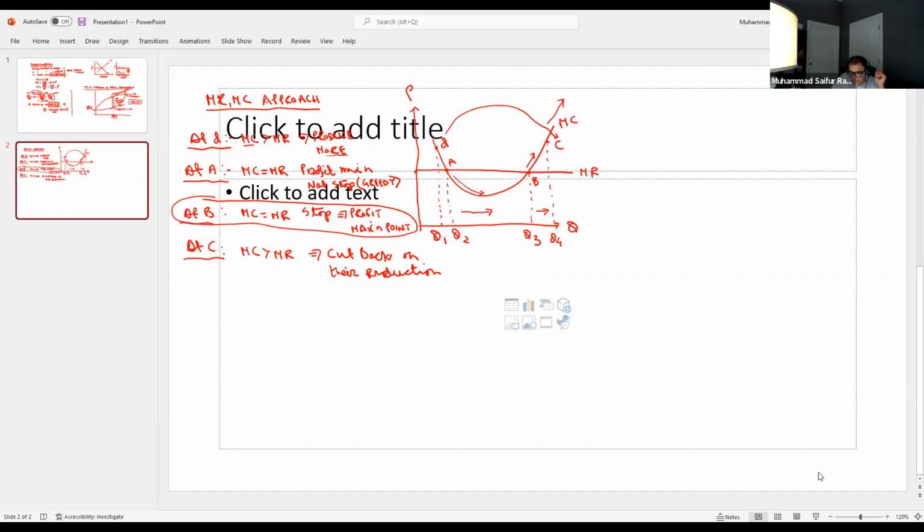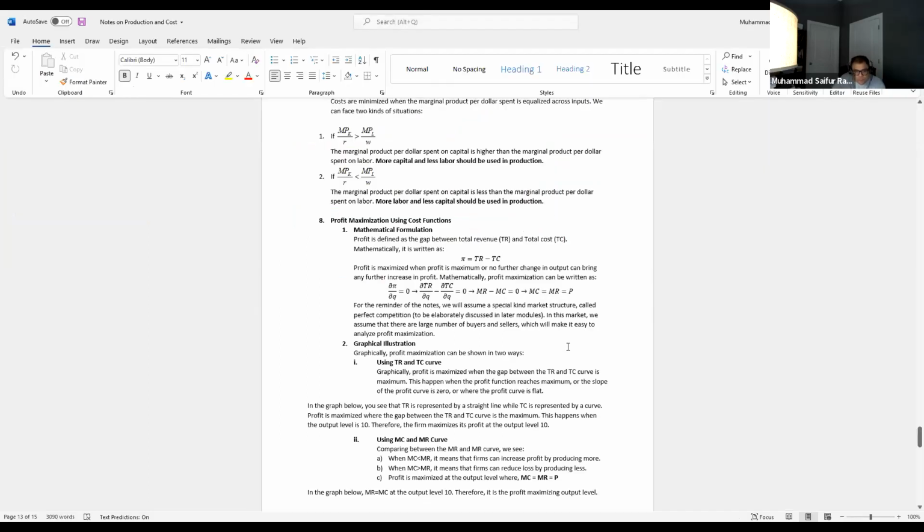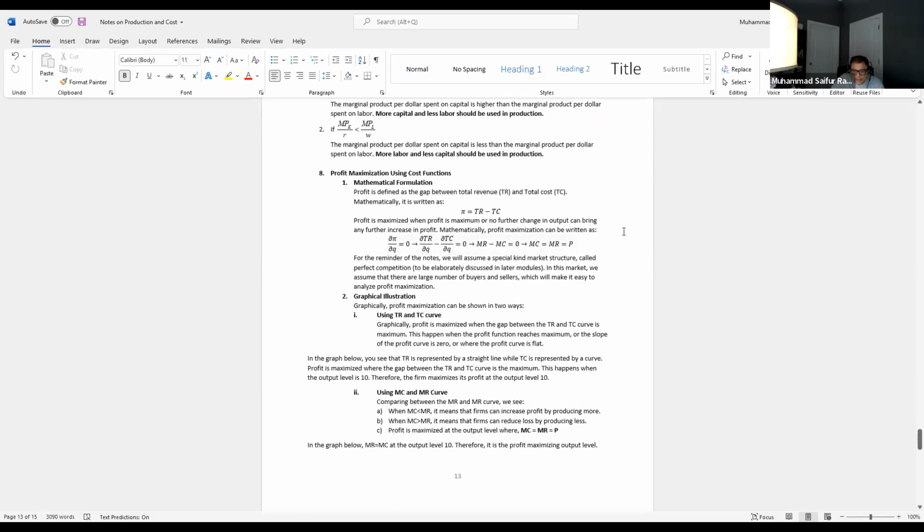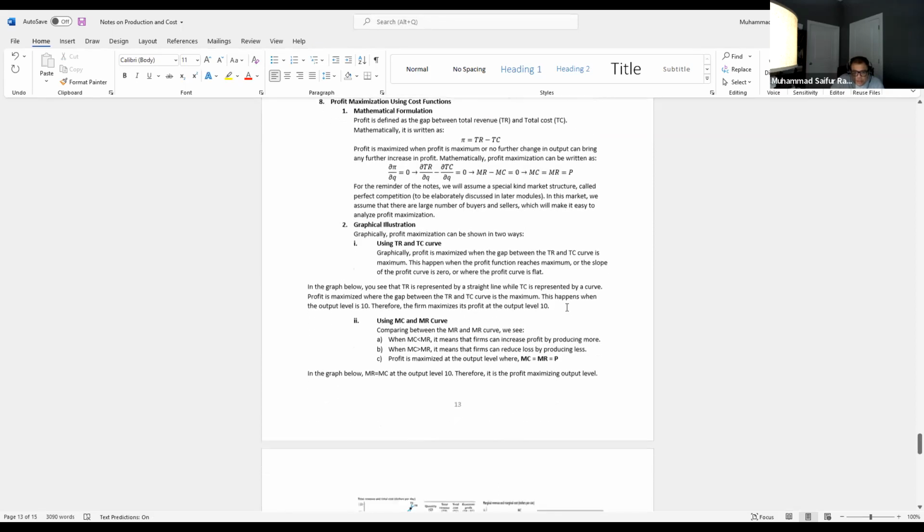I guess we can now go back to our actual class lecture note. I basically have looked at several of these issues where I have shown you how marginal cost and marginal revenue being equal to each other derives the profit maximization condition.